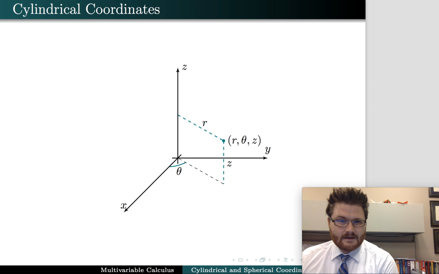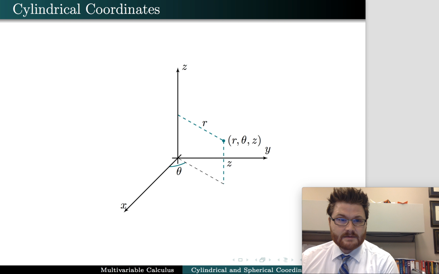Well, the first thing then we want to talk about are cylindrical coordinates. And cylindrical coordinates are just polar coordinates sort of extended into 3 dimensions. So we take the polar coordinates for some point, and we can then just add a z component to describe where that thing is in 3-dimensional space.